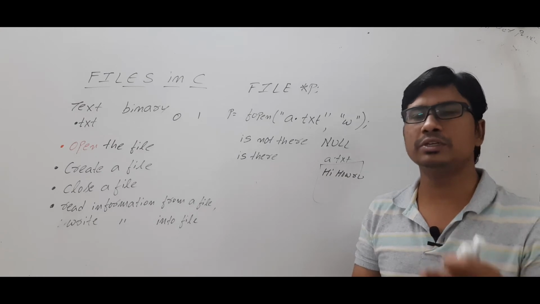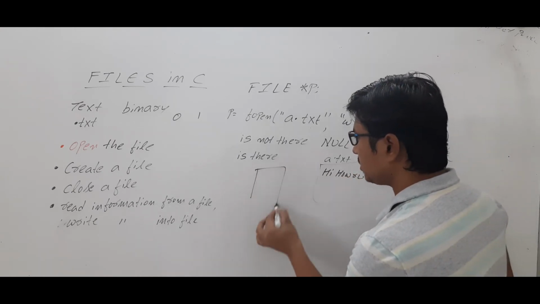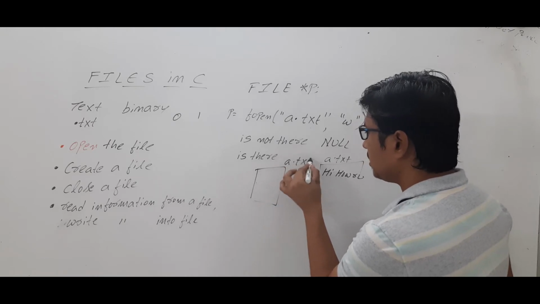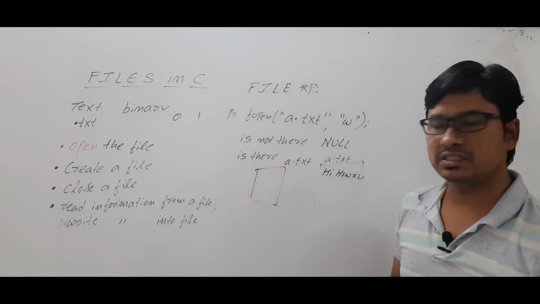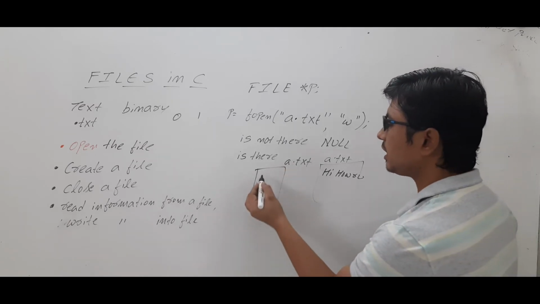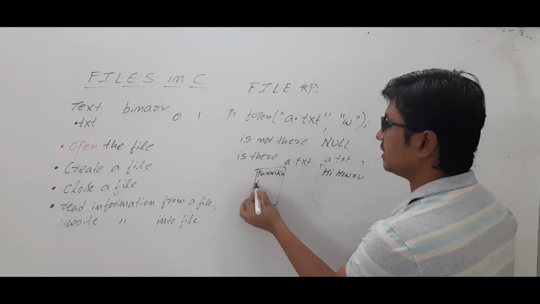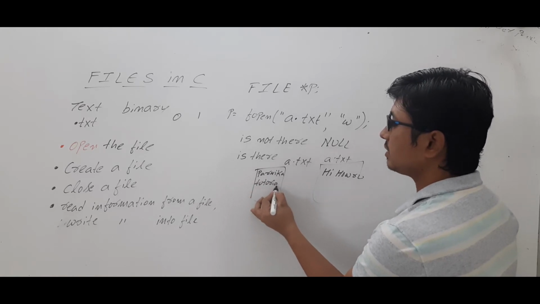Whatever new information you write, that will be there. So whatever the previous information such as "hi, how are you" will be lost, and whatever new information you write, such as Parnika tutorials, will be saved here. Are you able to understand?